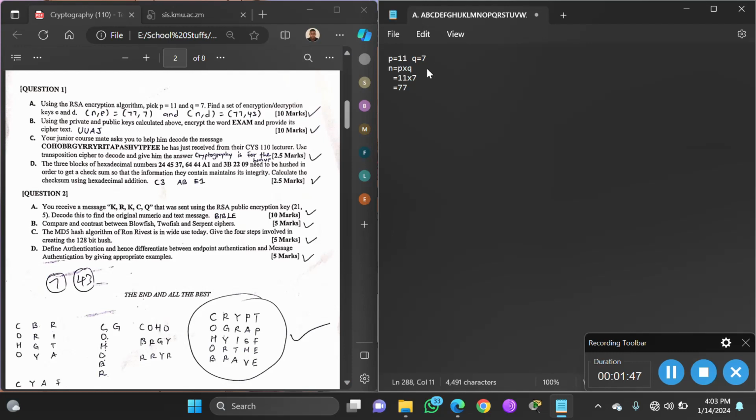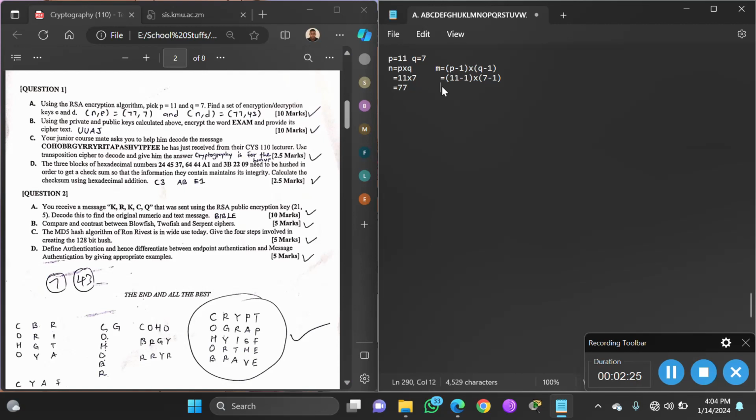Okay, so now we can go ahead and find M for us to come up with those keys. So M is equal to (P minus 1) times (Q minus 1). That's the formula for M. Now again we know P is 11, so 11 minus 1, times Q which is 7, minus 1, then you close the bracket.